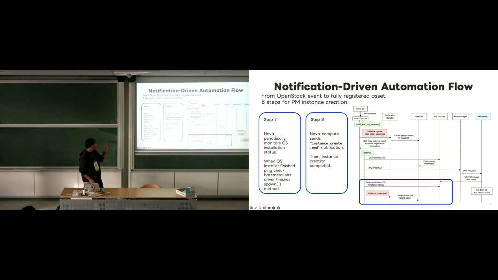And then the instance creation is completed, and finally the end user can use the active PM instance at this moment. So this is the whole instance creation mechanism. So we are using the notification event in order to communicate between the OpenStack cluster and our internal Asset DB, based on the design of the OpenStack strategy.